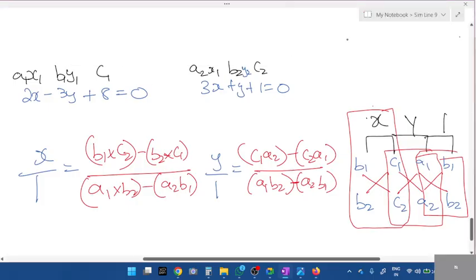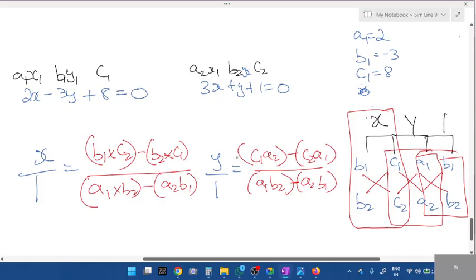This is the formula. Now all of you tell me the A value. Look at the value A1. What is A1? A1 is 2. What is B1? Minus 3. C1? 8. What is X1? X1 is actually not required.